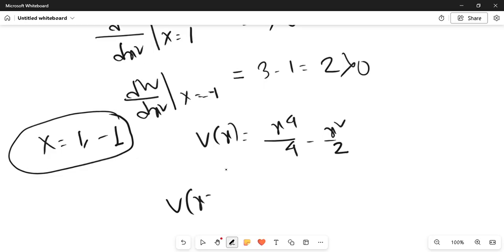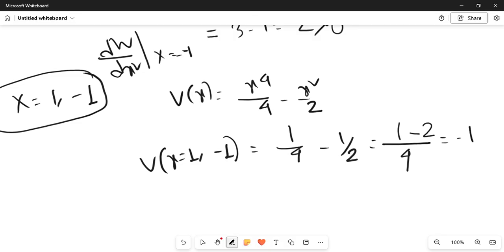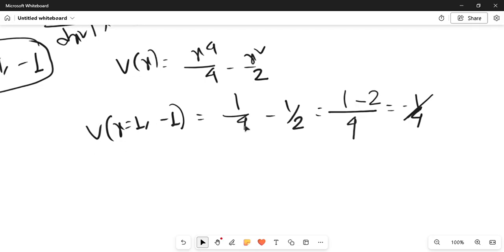When x is plus 1 or minus 1, as x has even powers here, V will be the same: 1 by 4 minus 1 by 2, which is minus 1 by 4. This is the minimum V, the minimum potential energy.